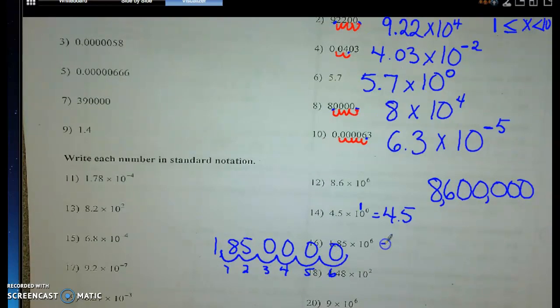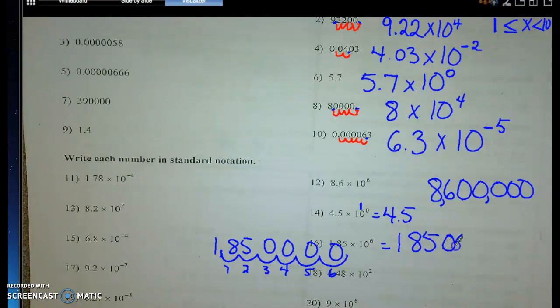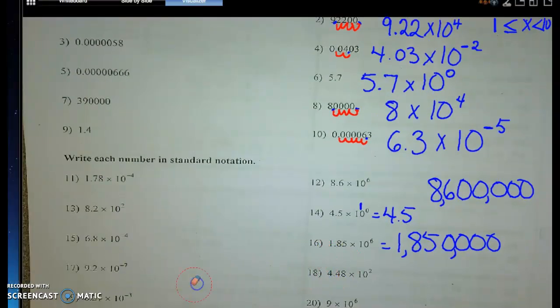So our answer is 1, 8, 5, and then 4 zeros. Okay, so our commas 1, 2, 3, comma, 1, 2, 3, comma. So 1,850,000. Again, we want to write our answer without the swoops, although they might be helpful figuring it out. It makes our answers really messy and hard to read with them.